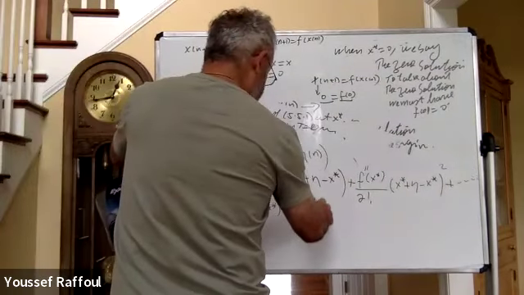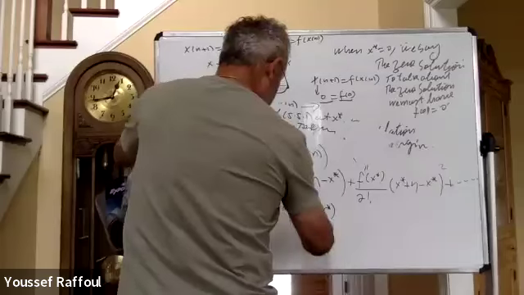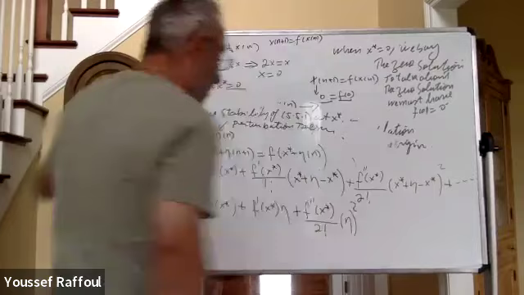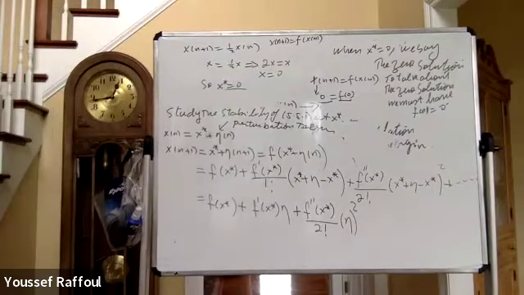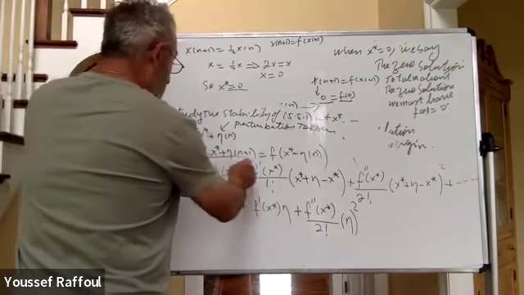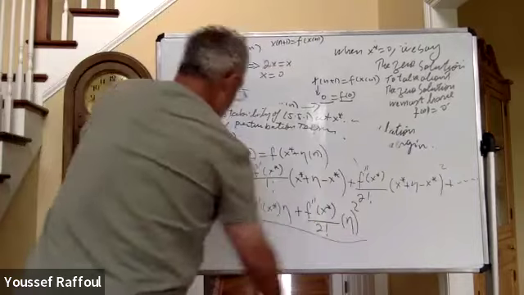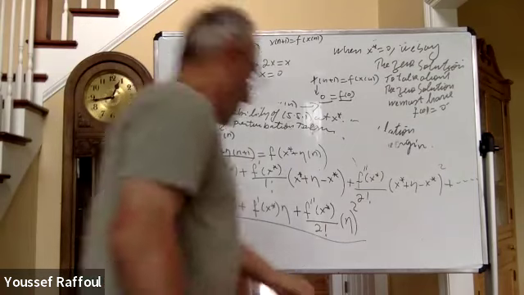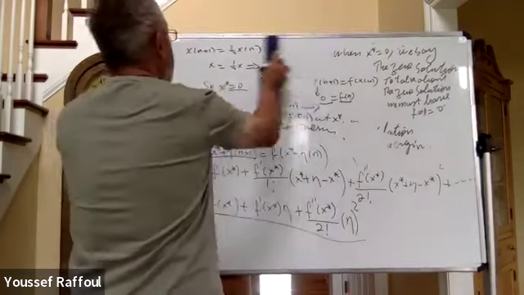Plus f second of x star over 2 factorial times eta squared. Okay? So we are here. This one is equal to that one. Do you see that? Okay.